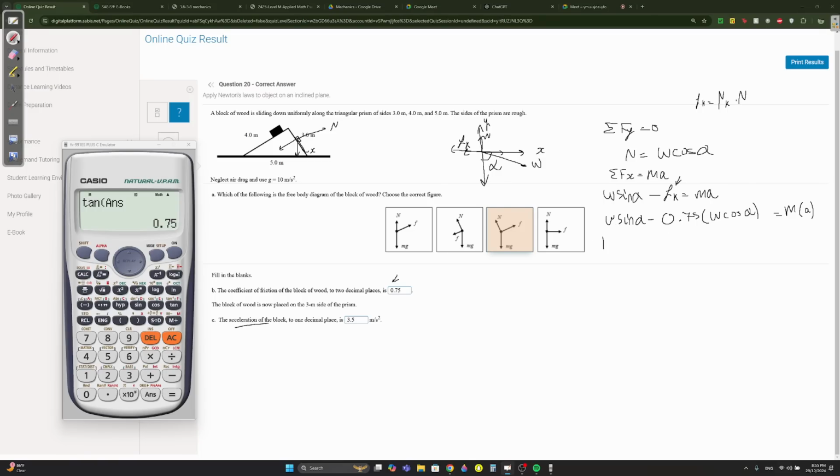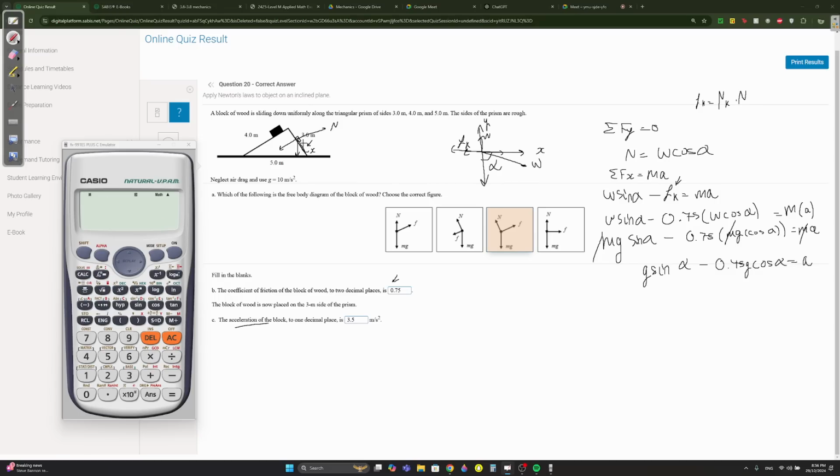Why? Because w is mg: mg sine alpha minus 0.75 mg cosine alpha equal to ma. You're going to get g sine alpha minus 0.75 g cosine alpha is equal to a.